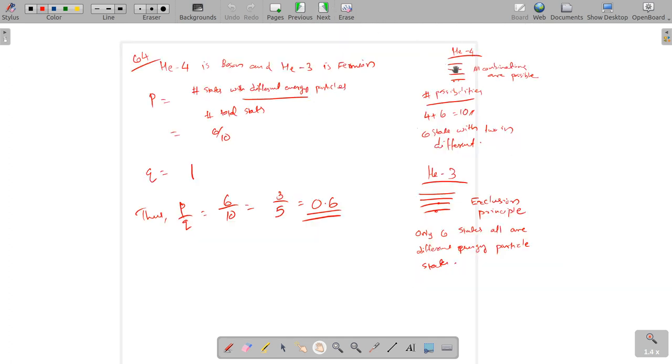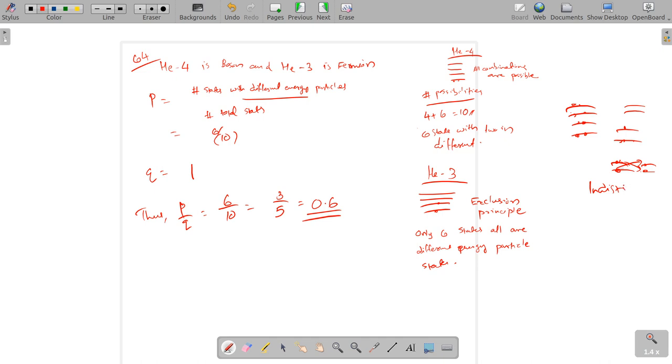So these are my energy levels. What are the possibilities for distributing them? If I have 4 levels, since these are bosons, I can put them anywhere, right? These are all valid states. Also, you can put them in different energy levels, one here and one here, like that. So there are a total of 10 possible states. If you take a state and swap the two bosons, it does not matter because these are indistinguishable particles.